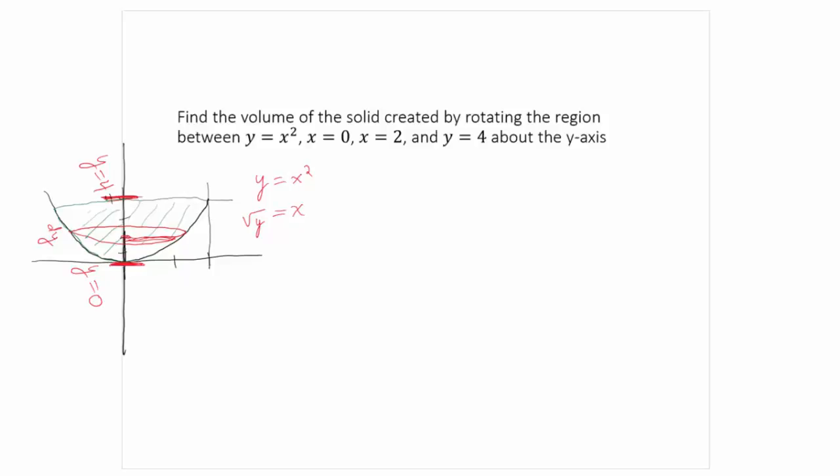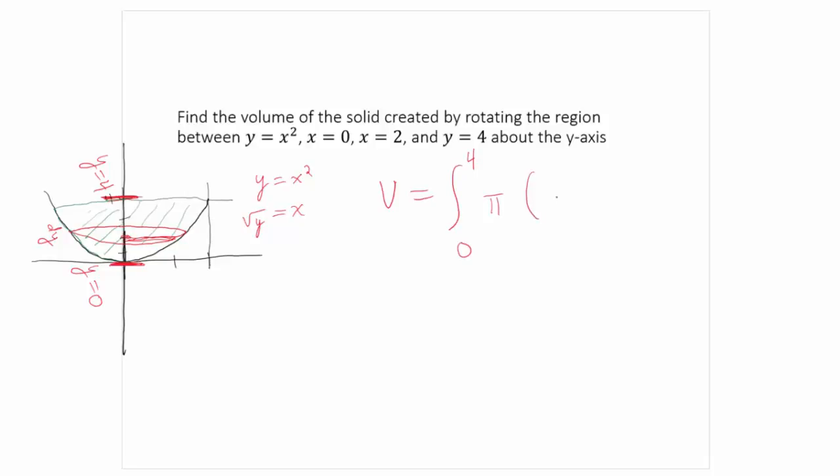And so I'm going to set up my integral, but instead of in terms of x's, I'm going to think of it in terms of y. And so then the volume would be the integral from y equals 0 to y equals 4 of pi times the radius.